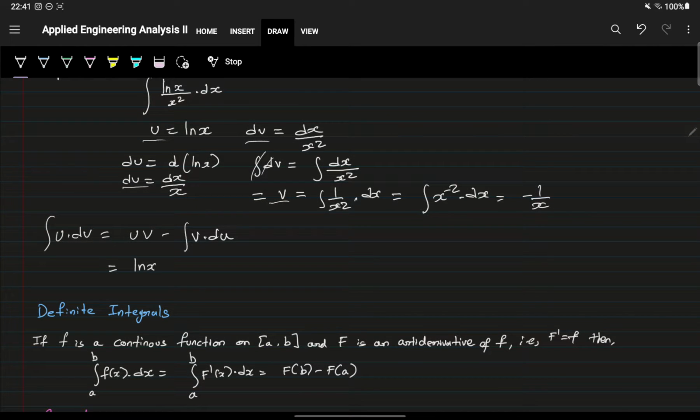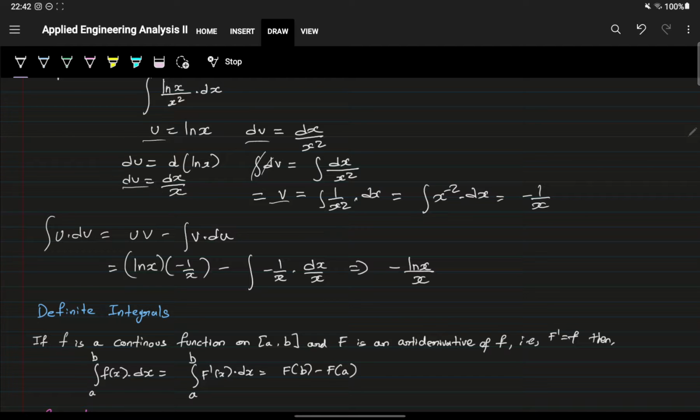We have u, we have v, minus integral v, which is minus 1 by x, and du is dx by x, which gives us negative log x by x.